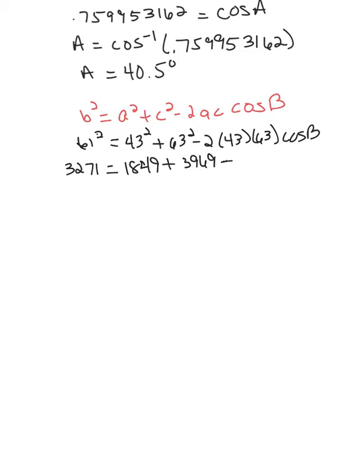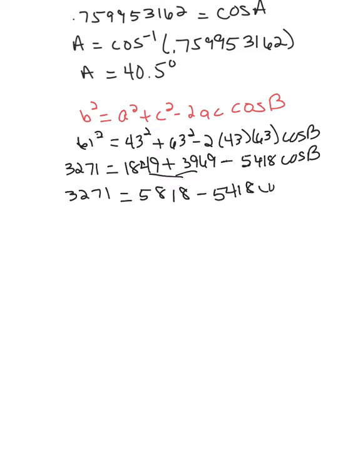Minus 2 times 43 times 63 gives me 5418 times the cosine of B. Put our like terms together, we're going to have 3271 equals 5818 minus 5418 times the cosine of B.